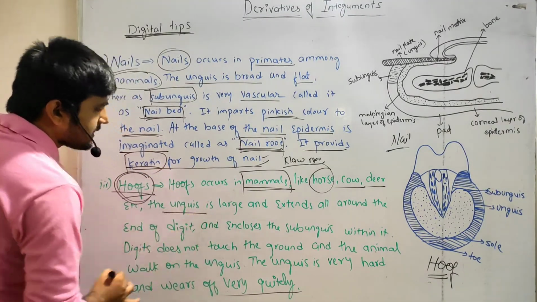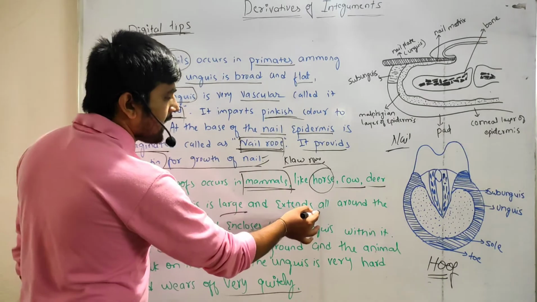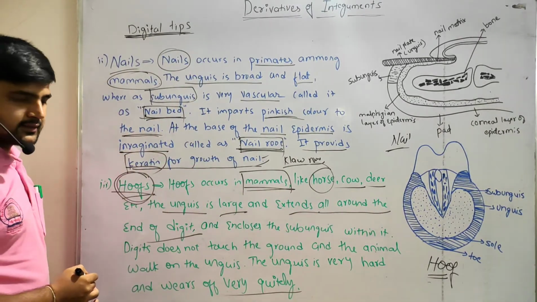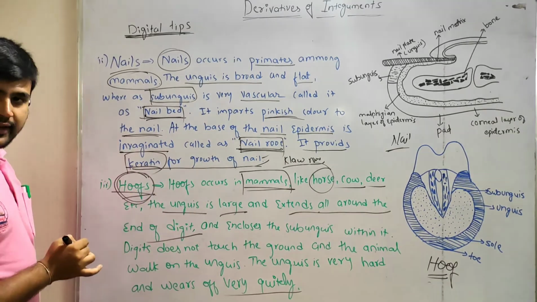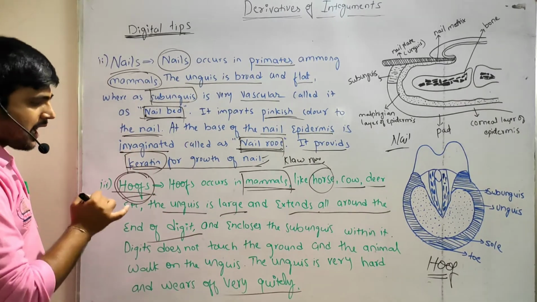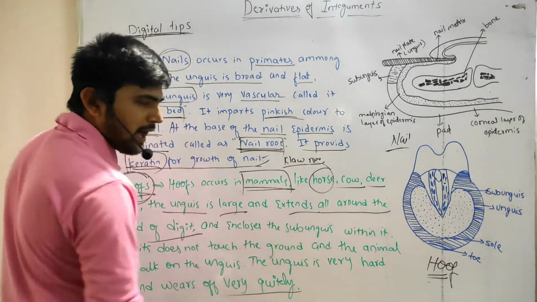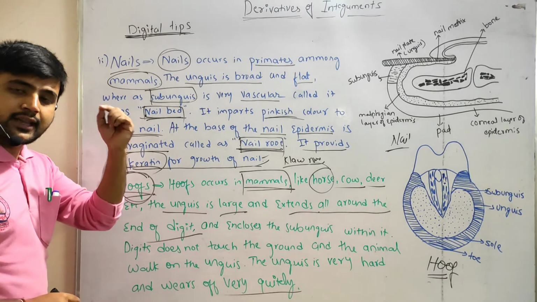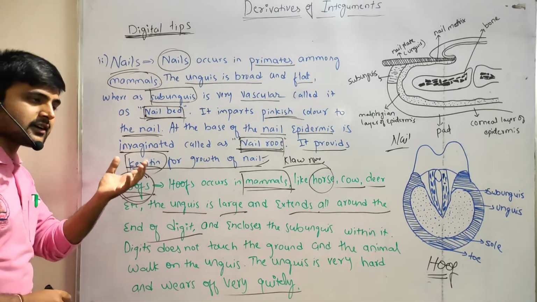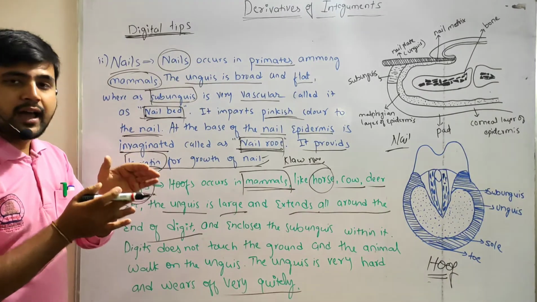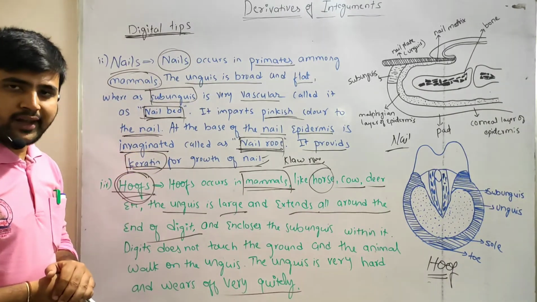In this case, the anguis is large and extends all around the end of the digits, covering the end of the digit and enclosing the subanguis. But in the case of claws, the anguis and subanguis move parallel and converge to form a pod-like structure.